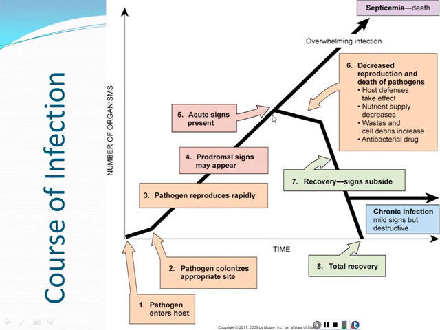If the body's immune system can't get a hold of the infection, it just keeps continuing to go up. In other words, the number of organisms keeps getting higher and higher. And once it overwhelms the immune system, it can result in what we call septicemia, which is death by infection. When you get enough pathogens in enough places, the immune response alone threatens life.